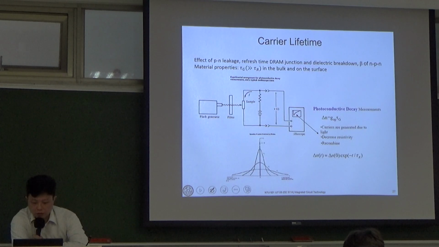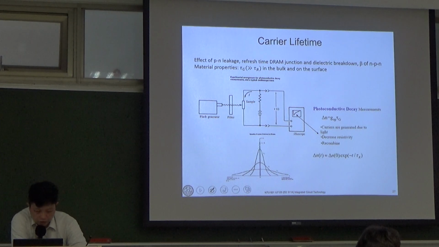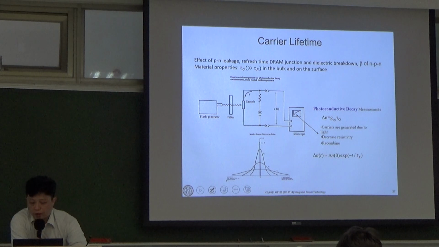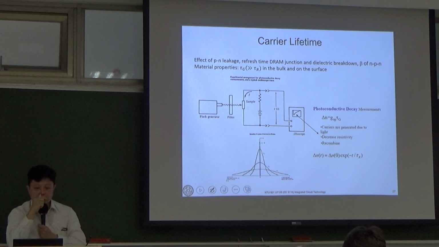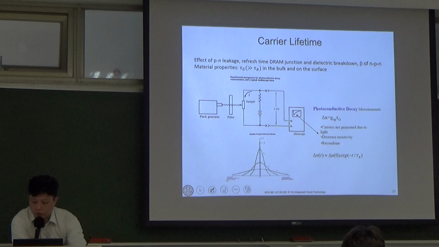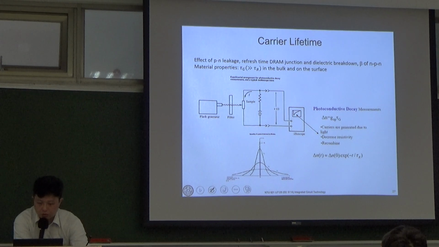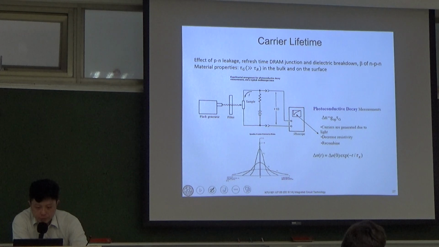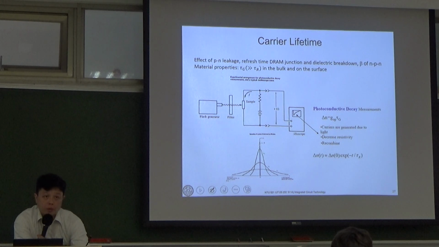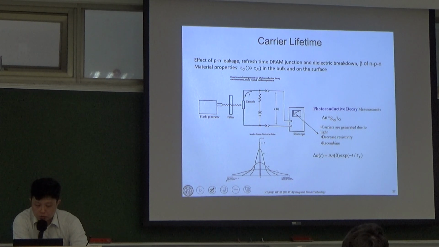So that's the material analysis that we can do to identify the quality of our surface. And also we can directly make a device. For example, we can make this DRAM device and measure the refresh time.